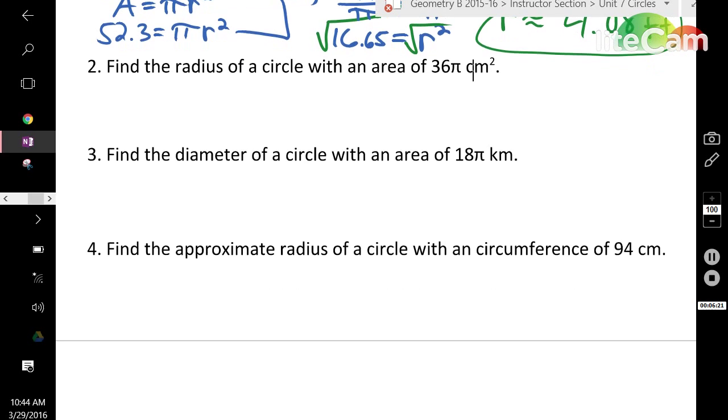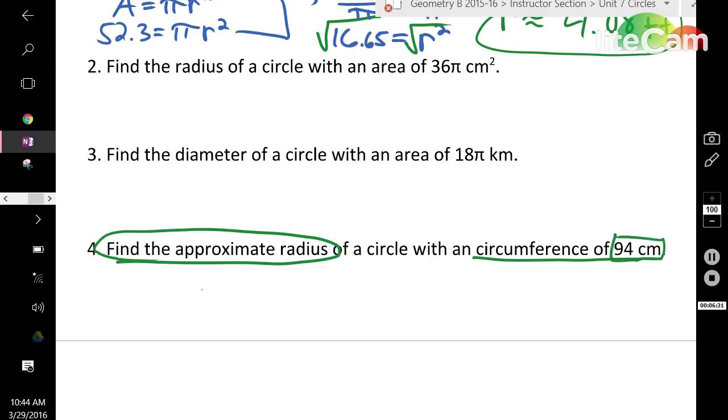I want to move on to number 4. It says find the approximate radius of the circle. So you're finding r again with a circumference of 94 centimeters. So they give you circumference. They give you C. So in this formula, C equals 2 pi r, they give you this one right here. They ask for the approximate radius. They're looking for r. So we need to plug in 94 in for C because that's our C, our circumference.